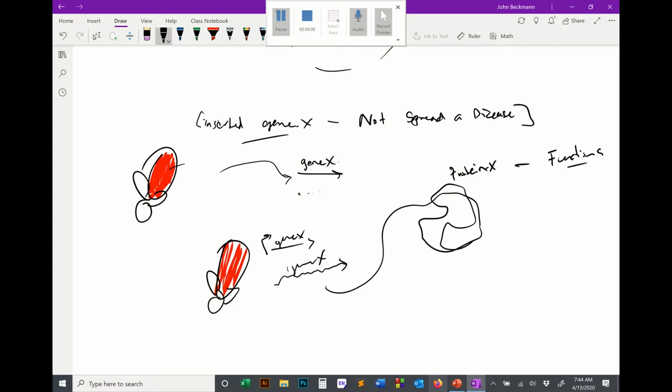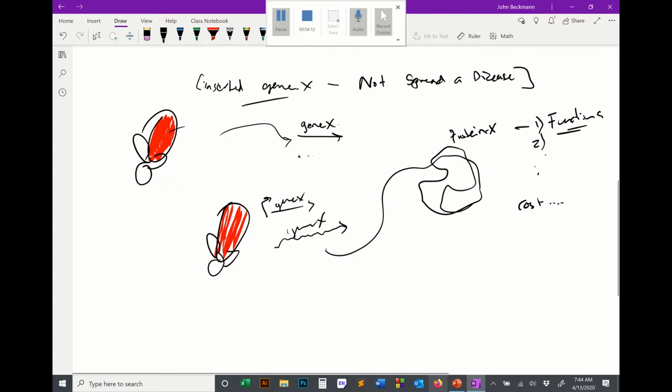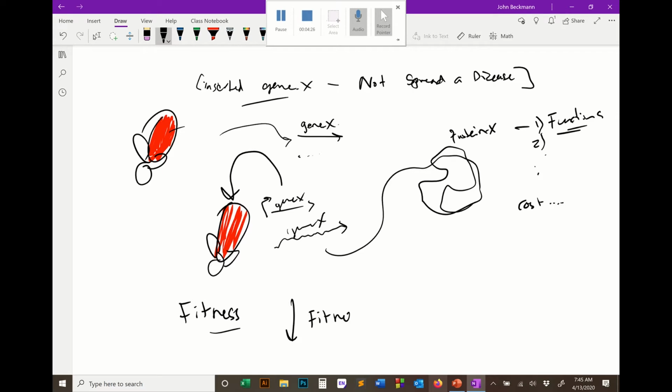And there's a cost to those functions in the organism. Maybe there's a downstream metabolic cost, okay? So oftentimes we're thinking about what evolutionists would call fitness. Many times when we create these transgenic organisms by inserting gene X, we are decreasing the fitness.